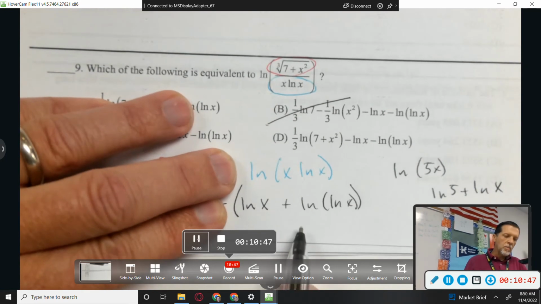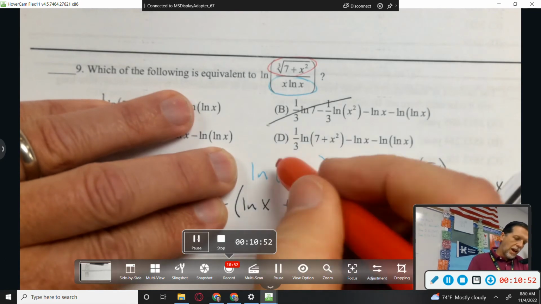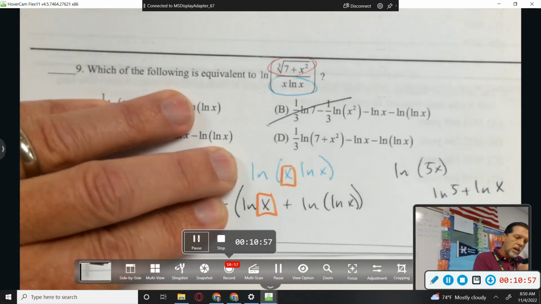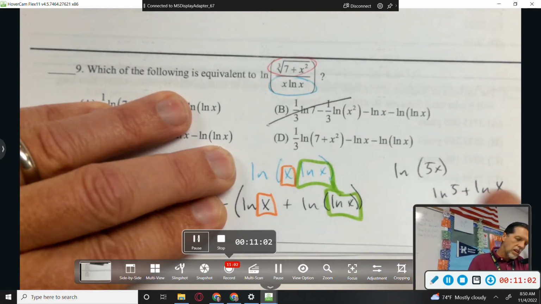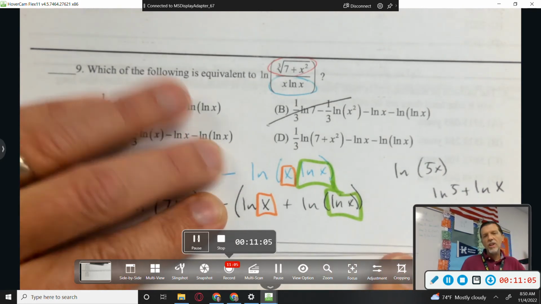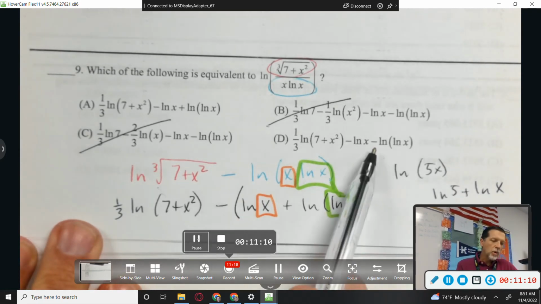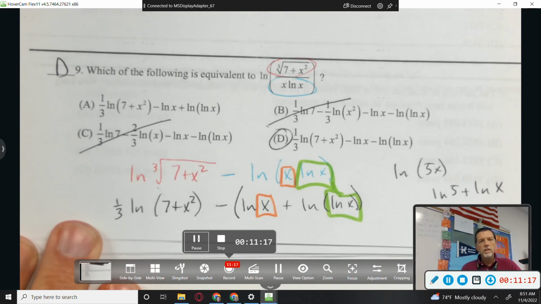This is the same thing. It's just instead of 5x, we have x and we have natural log of x. So we end up with this weird natural log, but it's really more about the sign and making sure they're both negative because we're subtracting all of this. So the answer is D. It's about that sign and about not being able to distribute natural log to two things.